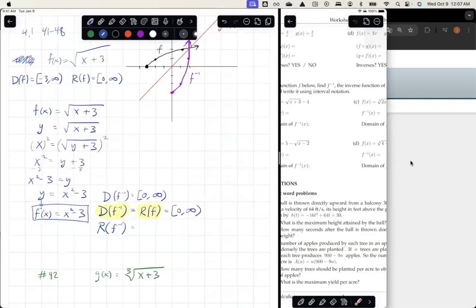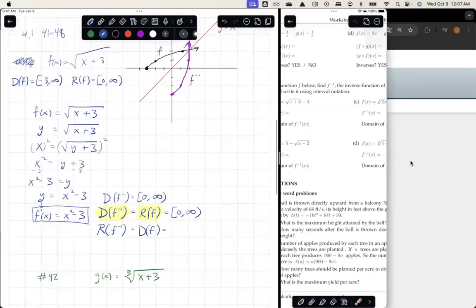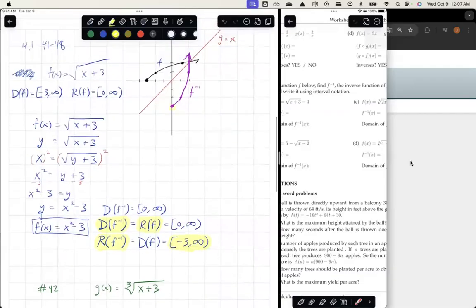Well, it turns out that it's just equal to the domain of the original function f. So if we look at the domain of f, that is -3 to infinity. So the range of f inverse, the y values that the inverse function will take on, will be starting as low as -3 to positive infinity. Notice it goes in the upward direction. Cool.